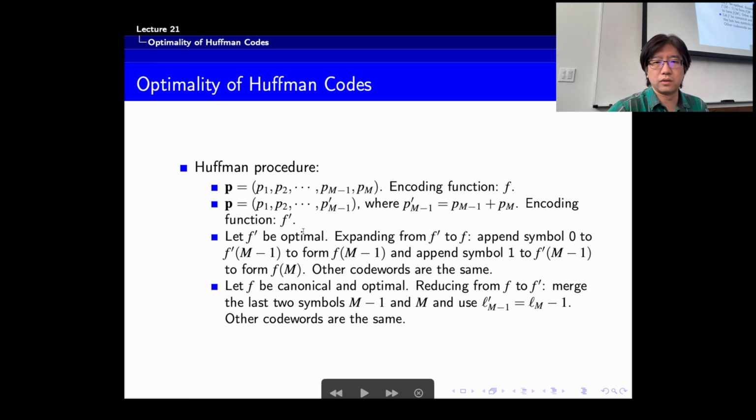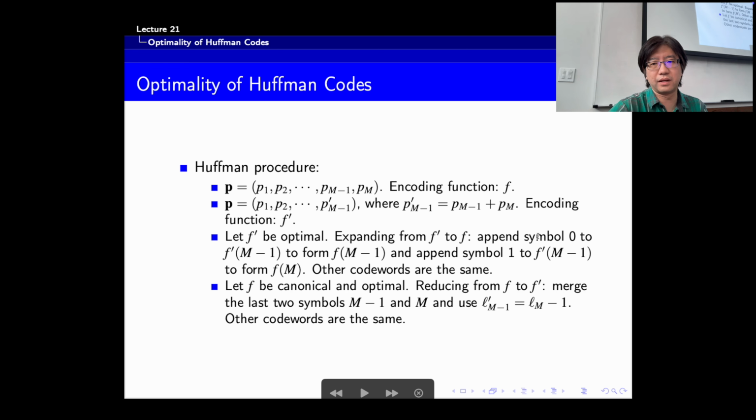Here, first, this is our original code. If we combine these two together and have a new probability here, now we have a new source alphabet. We assume we have f prime that is optimal for the new alphabet, and then we can extend or expand it from f prime to f.